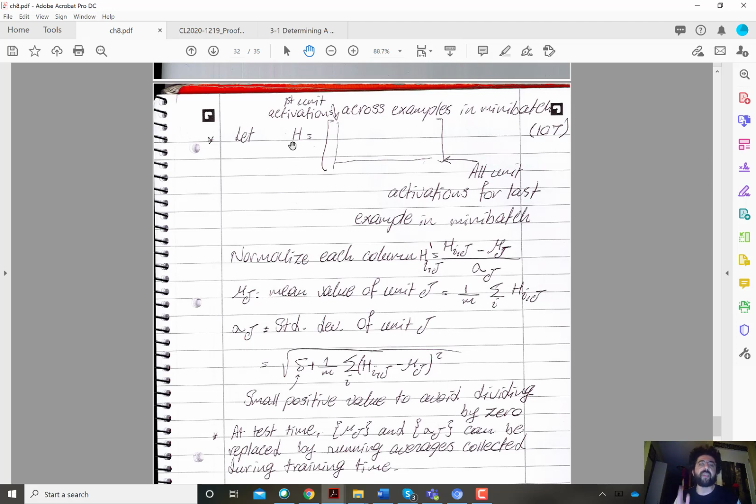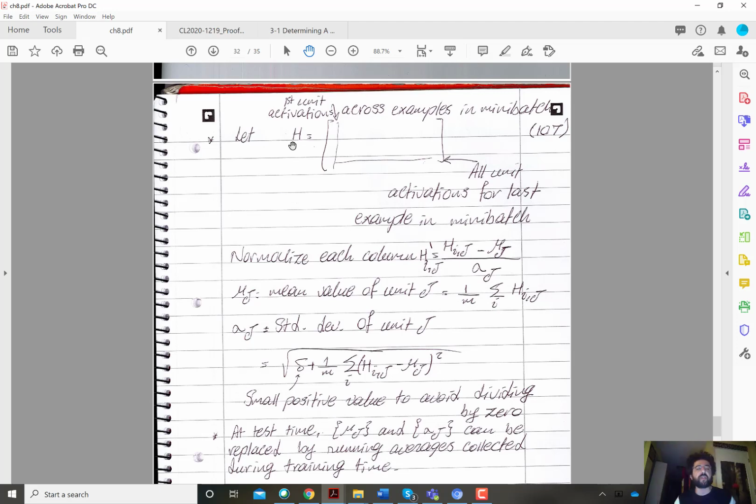Okay, so take the mean. Let's say mu j is the mean of a column, right? So it is the mean value across all examples in the mini batch. That's why it's called batch normalization. So across all examples in the batch or the mini batch, you normalize the first and second order statistics of this unit.